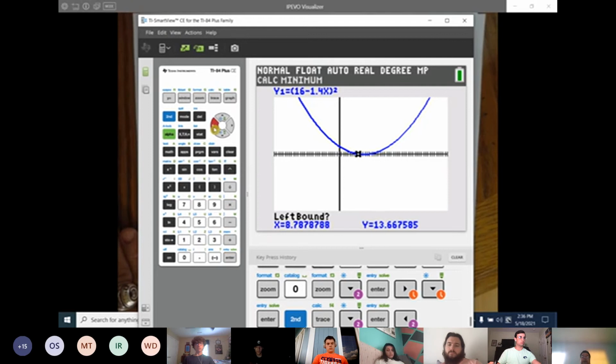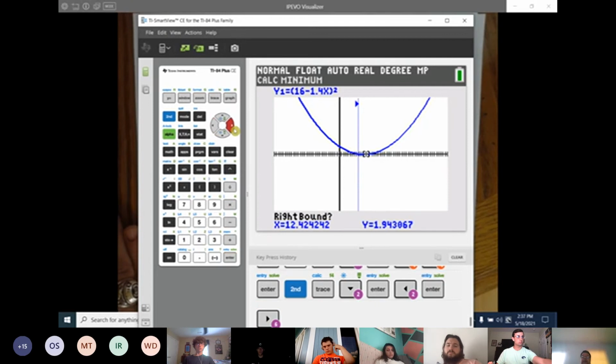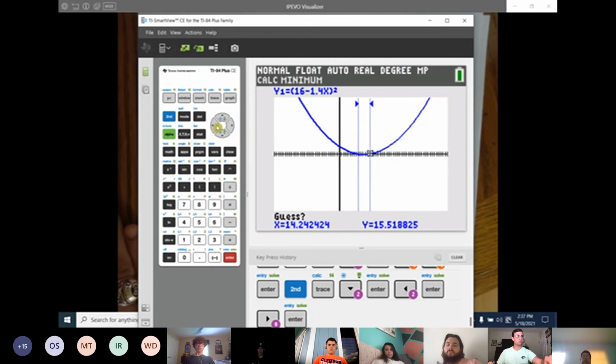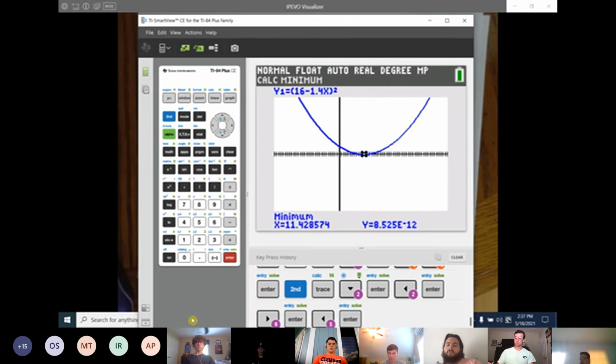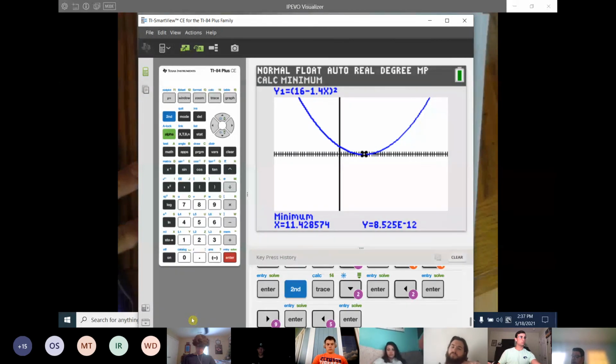Put a left guess and a right guess, and then put a guess in the middle, and there is your vertex. So our vertex is 11.429, comma 0.